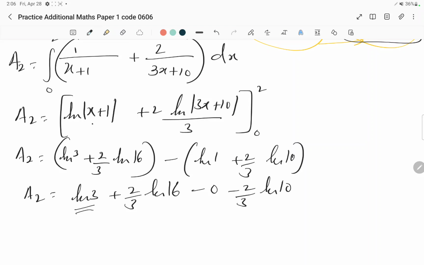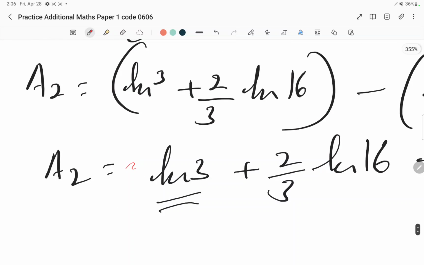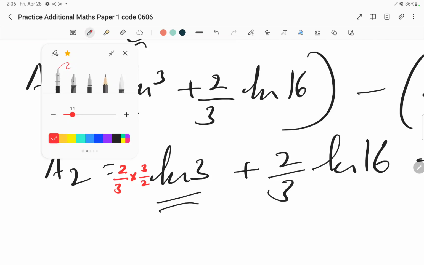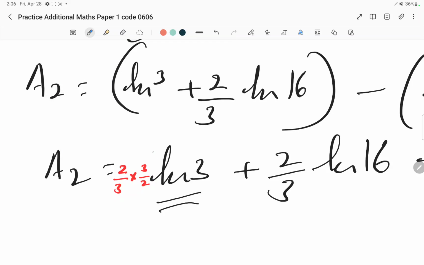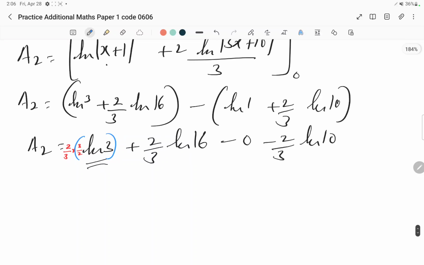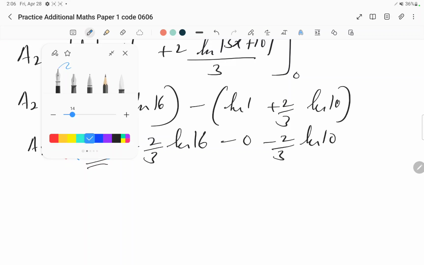Okay, can we write 2 over 3 here, like 2 over 3 times 3 over 2, because 2 over 3 times 3 over 2 is still 2 over 3. 2 over 3 times 3 over 2 is 1, but if we combine in this, then I will get 2 over 3 again over here.